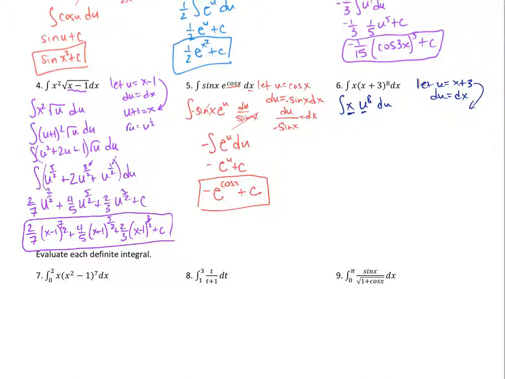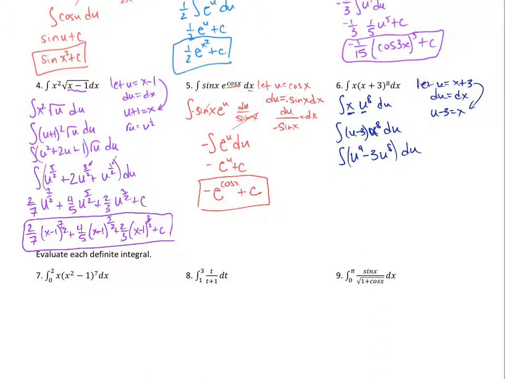We can take this, and we can say u minus 3 is your x. And make that substitution. So now we've got u minus 3 times u to the 8th, du. And now everything's in terms of u, and I can go ahead and distribute this, so I end up with the integral of u to the 9th minus 3u to the 8th du.